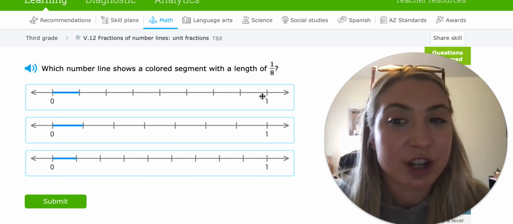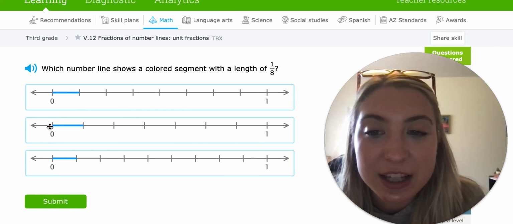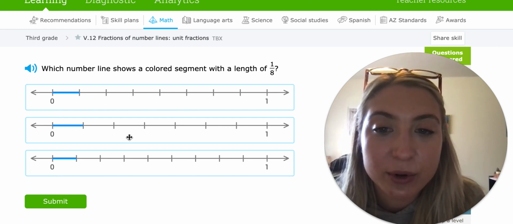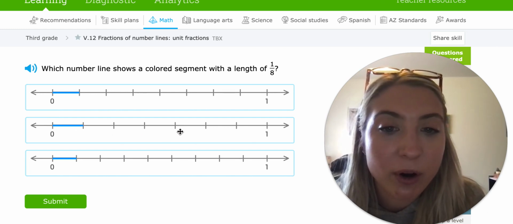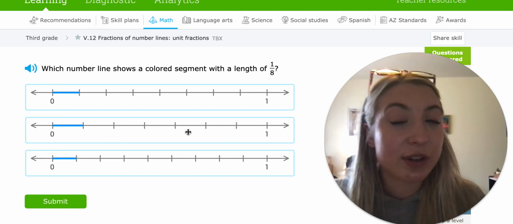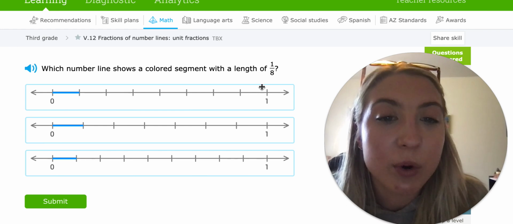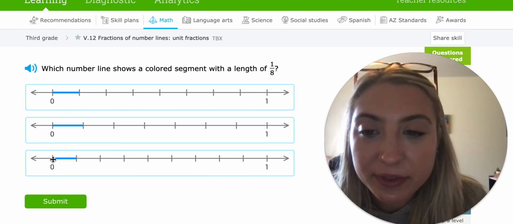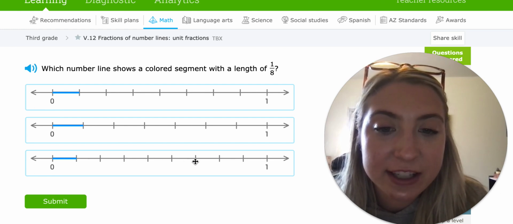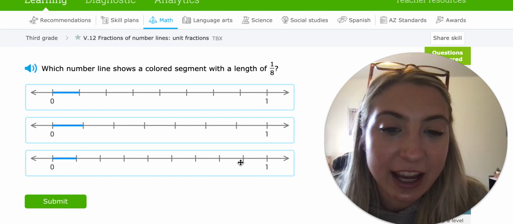But let's also check the other ones as well. This is divided. I'm starting at the 0, sliding over 1, 2, 3, 4, 5, 6, 7. This is 7 equal parts. So this is divided into 7ths. We're looking for 8ths. 1, 2, 3, 4, 5, 6, 7, 8, 9.